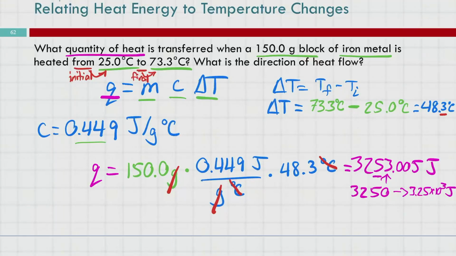Okay, what is the direction of heat flow? Is it endothermic or is it exothermic? Was heat flowing into the metal? Was heat flowing out of the metal? Did the metal gain energy or did the metal lose energy?